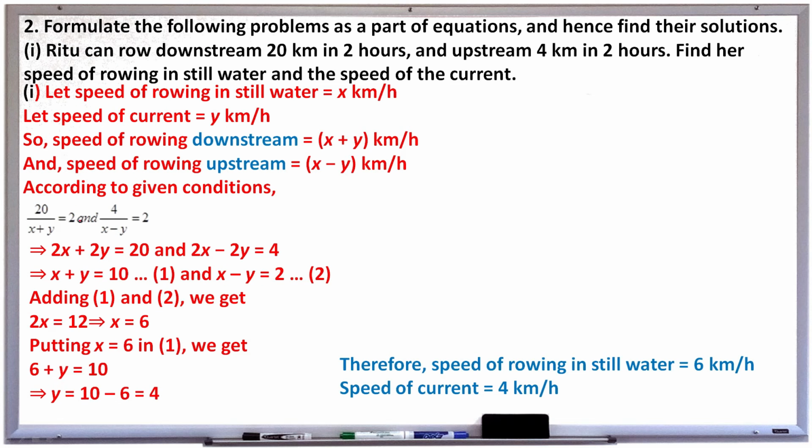Question 2. Formulate the following problem as a pair of equations, and hence find the solution. First we have to frame the equation. Ritu can row downstream 20 km in 2 hours, and upstream 4 km in 2 hours.